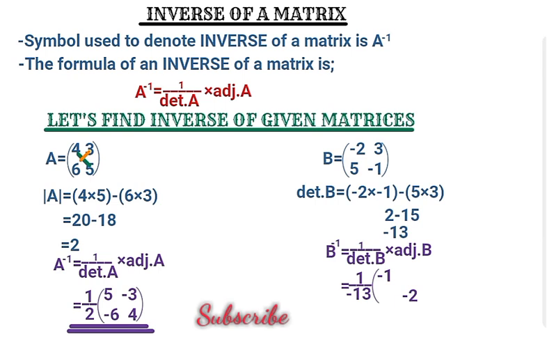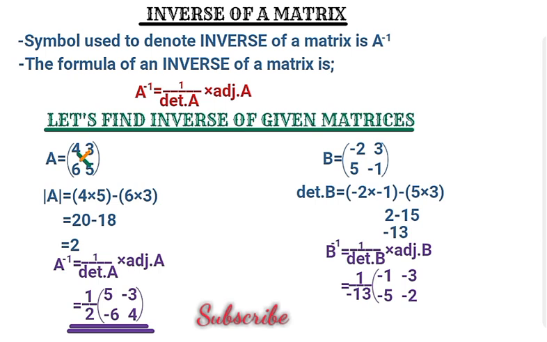Once we have done that, we change the signs of the elements in the trailing diagonal. Which is 3 and 5, they will change their signs. So +3 will become -3, and +5 will become -5.